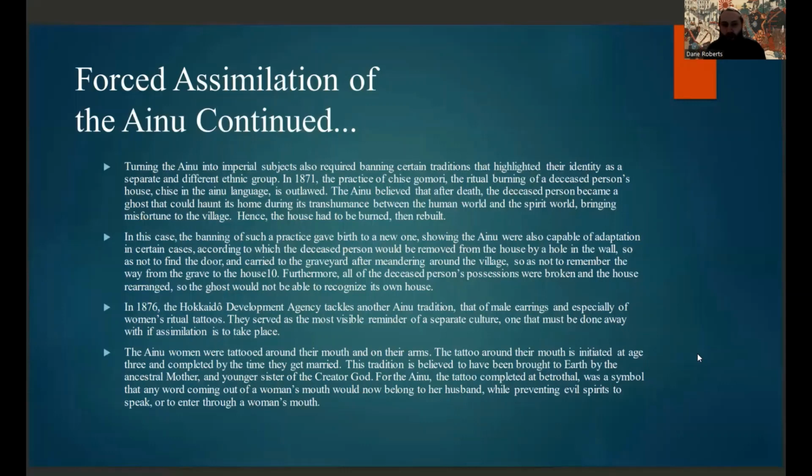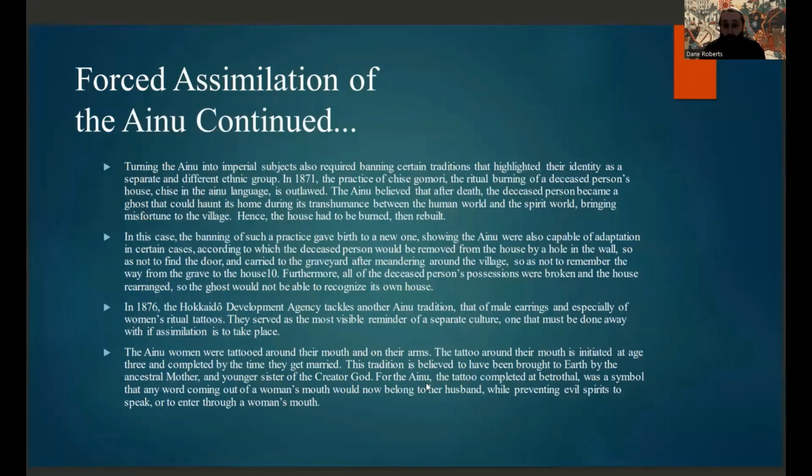The Japanese, the Hokkaido Development Agency, the Japanese Empire, would also ban the tradition of male earrings and women's ritual tattoos, which served as a visible reminder of a separate culture and one that must be done away with if assimilation was to be possible, quote unquote. Things like that. And you can read why Ainu tattooed their faces.